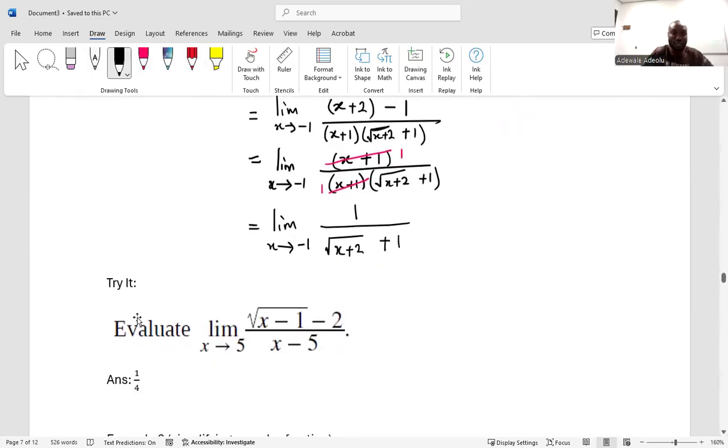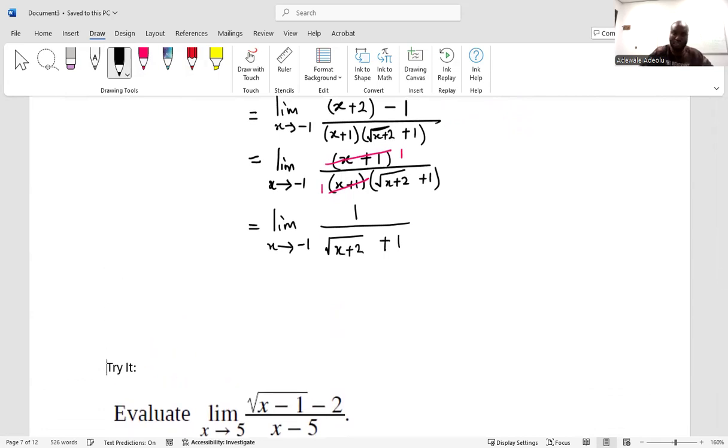The next thing I do, the last step, is to apply the laws for limits. So just plug it in. I don't have any x in the numerator, so that is a constant function, which is going to be 1 divided by square root of -1 plus 2 plus 1.